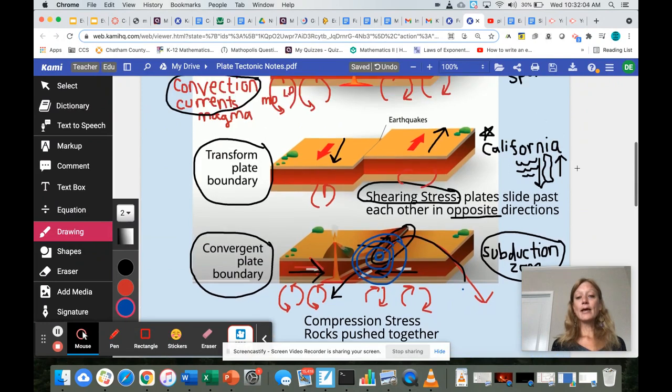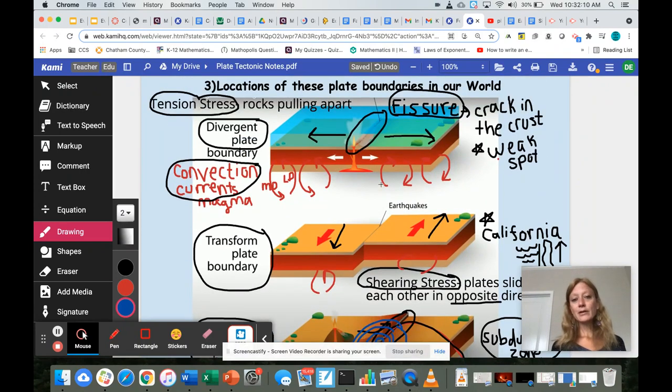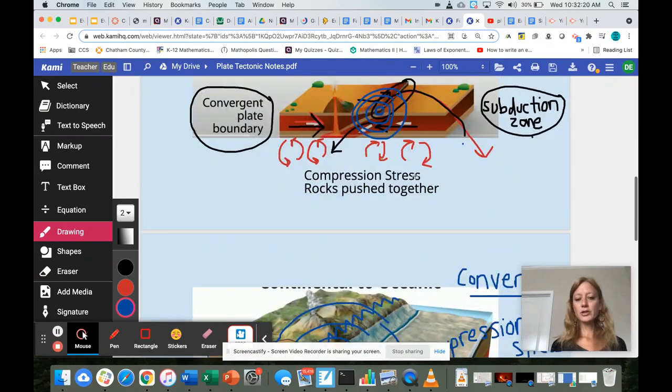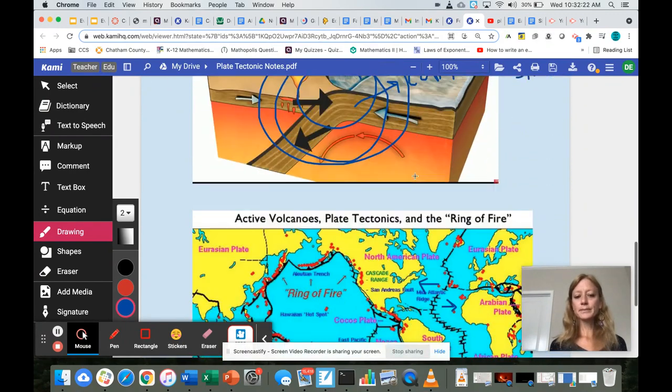And this is the type of plate boundary in California. Hopefully you're wondering, well, where's a type of plate boundary that could be diverging underwater? So we're going to close out this part of our notes with the final picture that we're going to label.